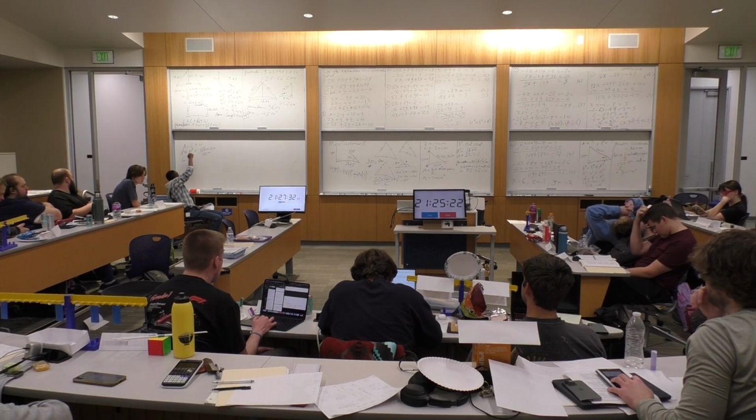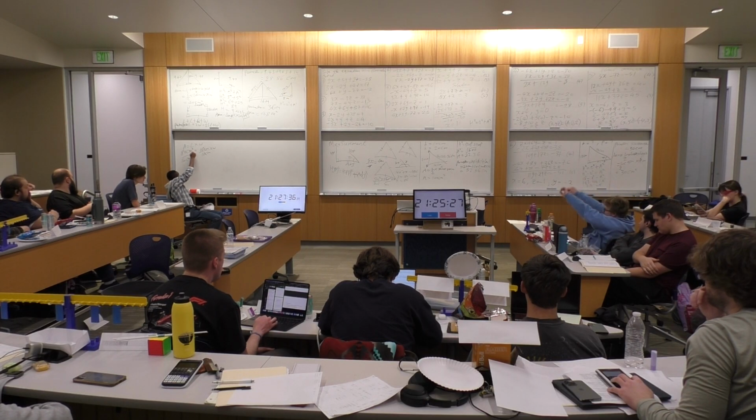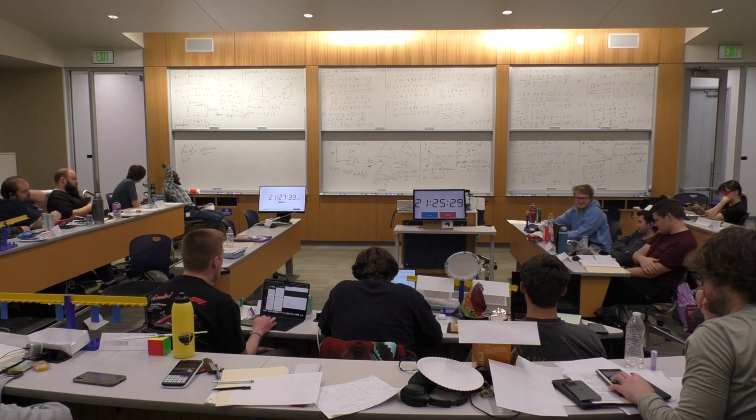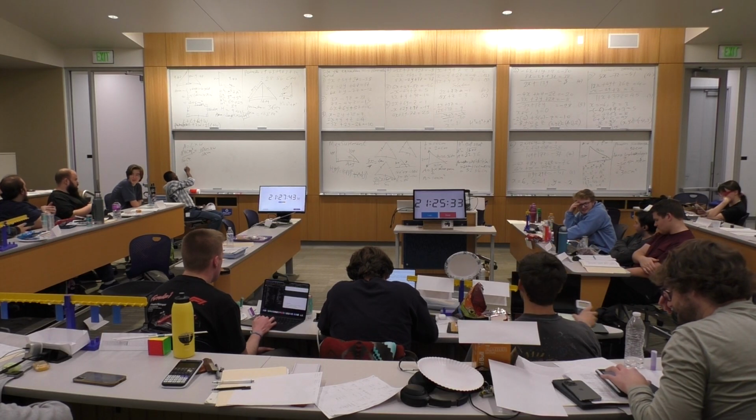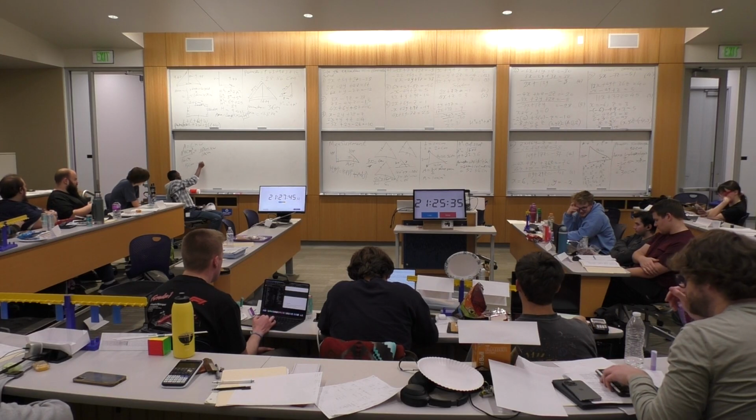This will cancel this. 1 cm will cancel 1 cm. We'll be left with 1 cm here. Hence, 80 divided by 16 is 5. You have 5 cm equal to W.